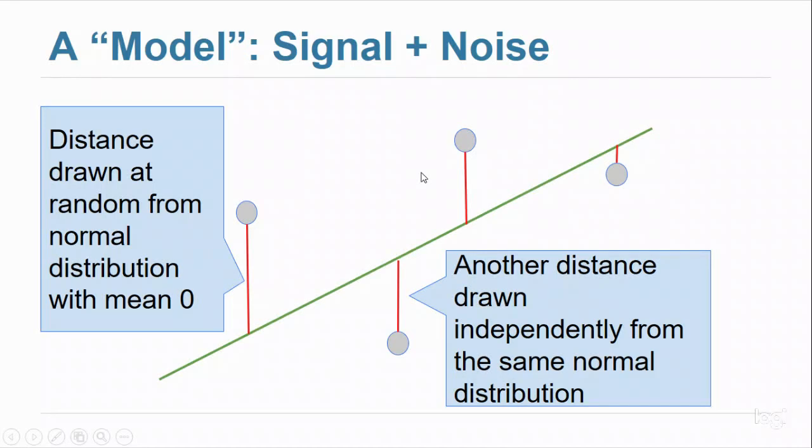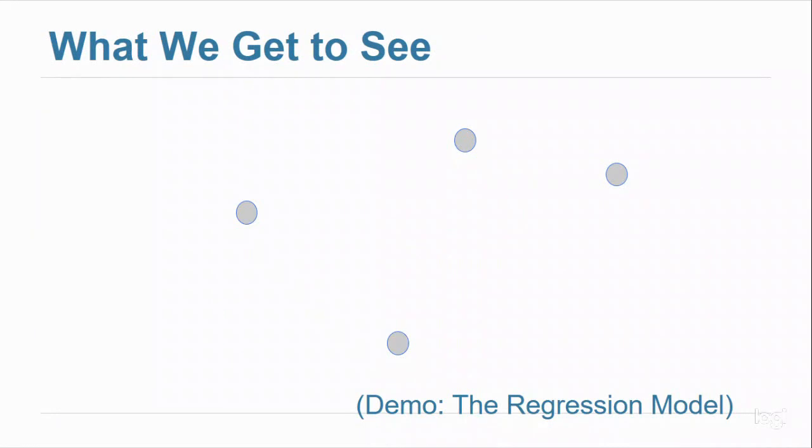And what we don't get to see is this true regression line. We actually only get to observe these points. And then we try to fit our model to predict what the true regression line would have been given these points. Seems kind of almost like magic. Let's see it in practice in the regression model.